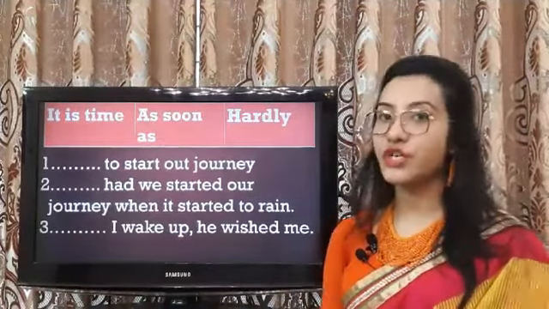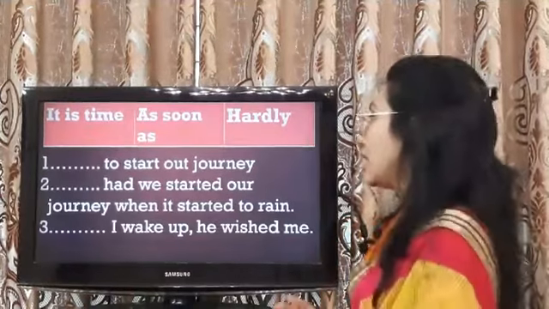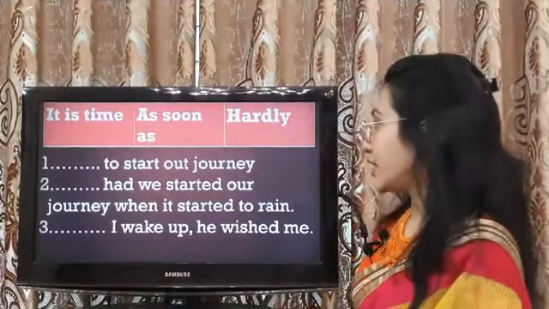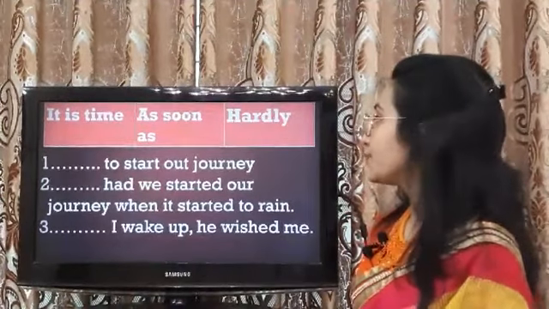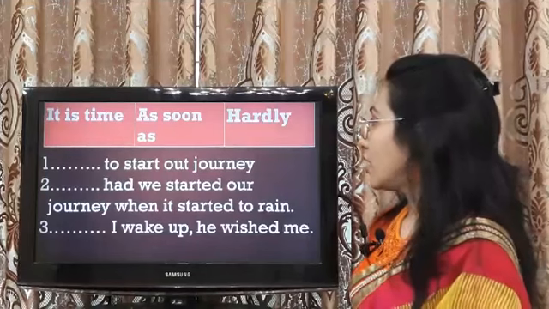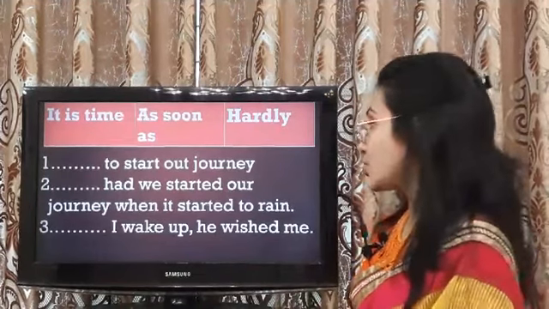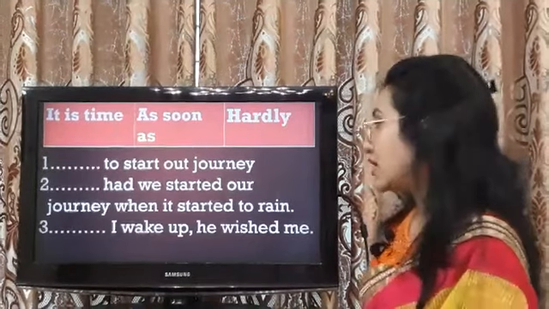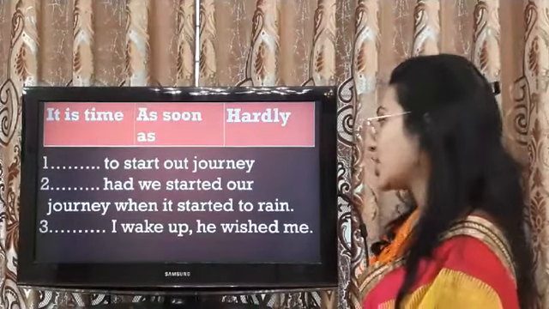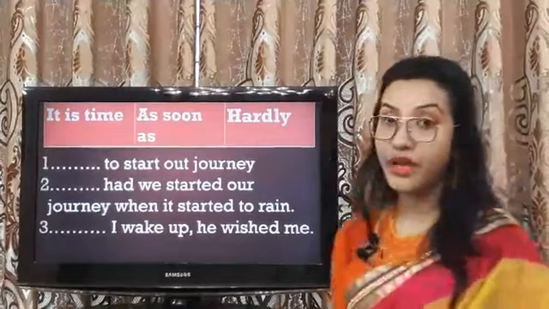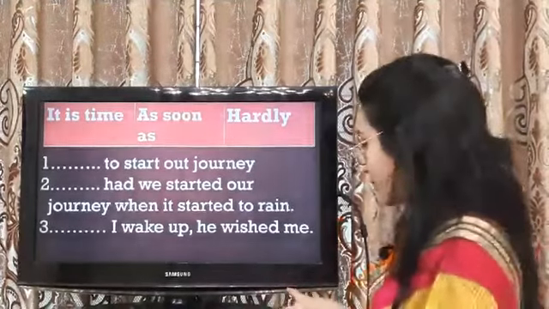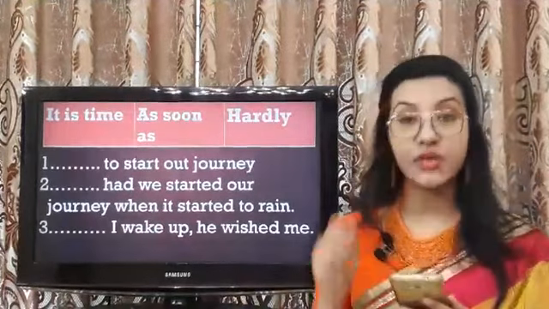Number 1, dash to start our journey. Number 2, had we started our journey when it started to rain. And number 3, dash I wake up, he wished me. Again, in the same way, you have to give me the correct answer by writing 1, 2, 3.